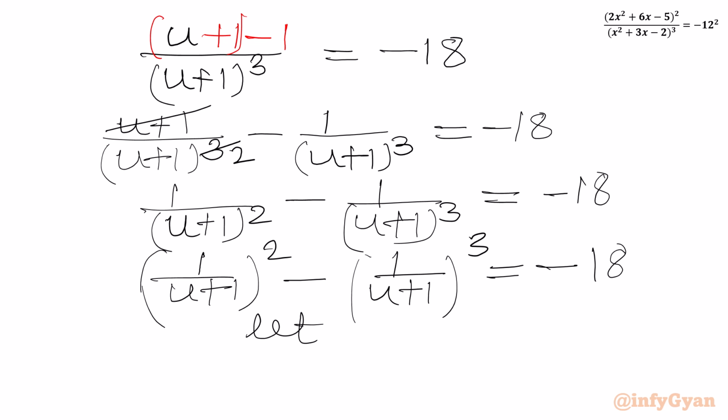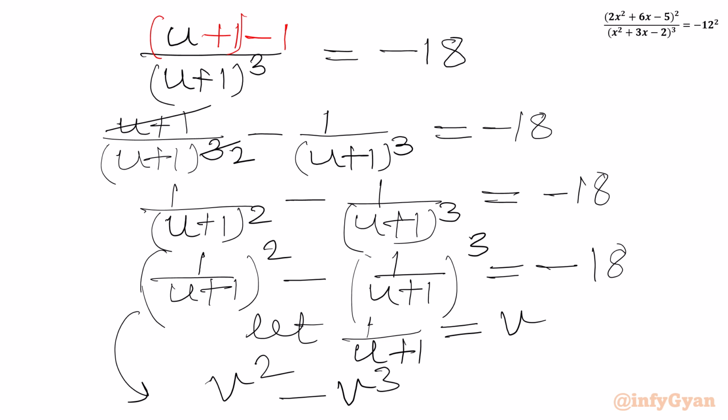Now we can assume 1 over u plus 1 suppose equal to v. So I can write v square minus v cube equal to minus 18.